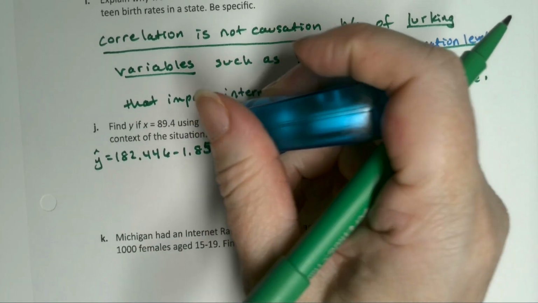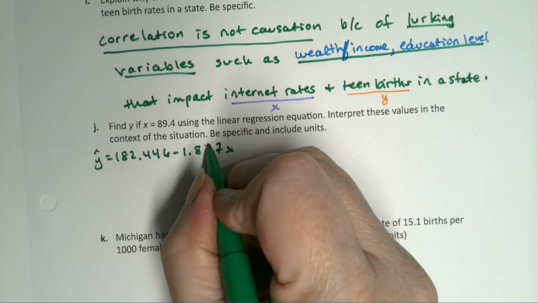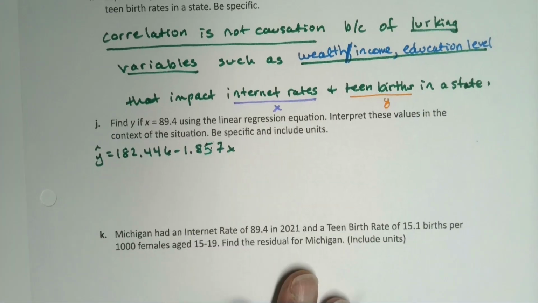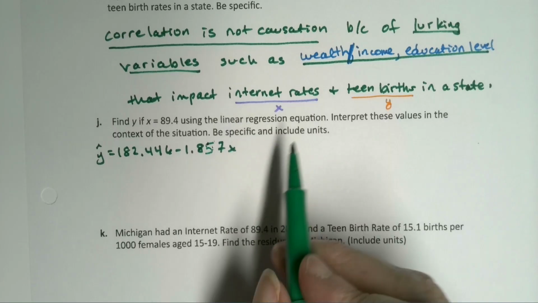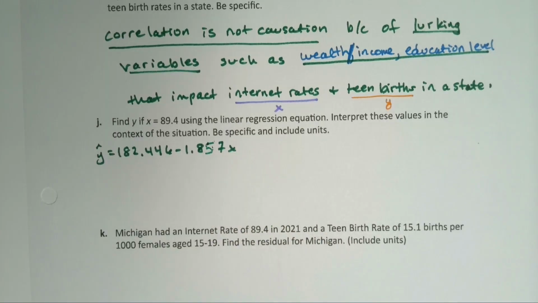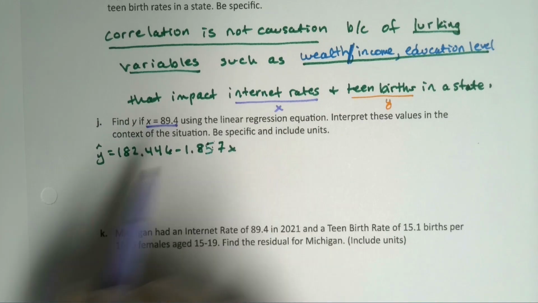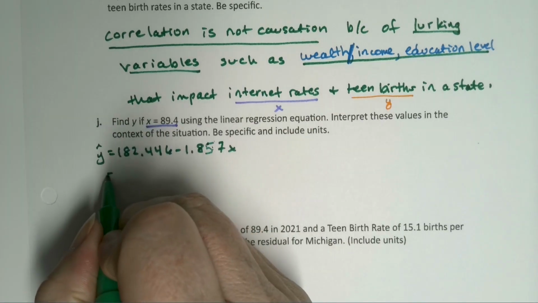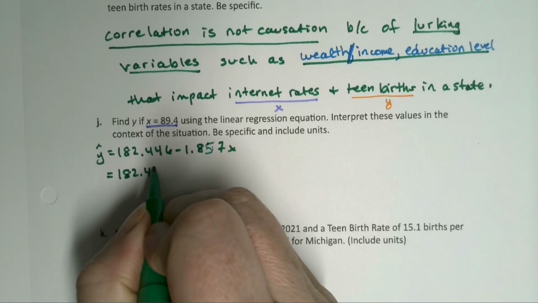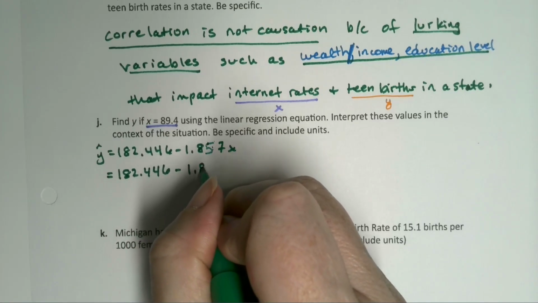Sorry, my 5 got strange there. There we go. Okay, so they're telling us that the x is 89.4. So where there's an x in this equation, we're going to put it in. It's called substituting. We're going to substitute that value in for x.